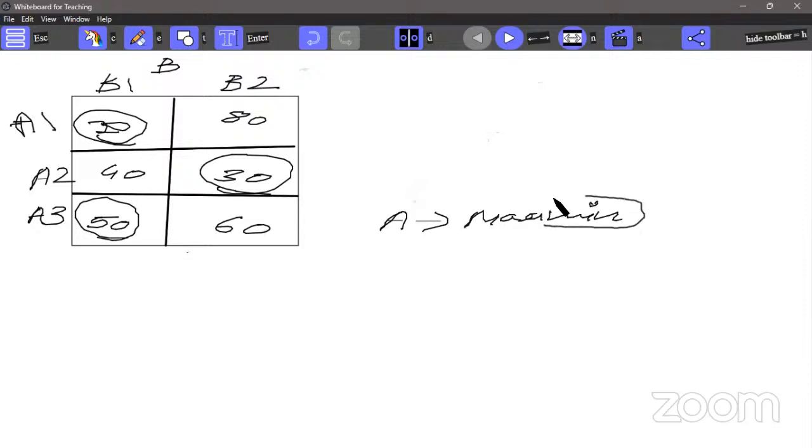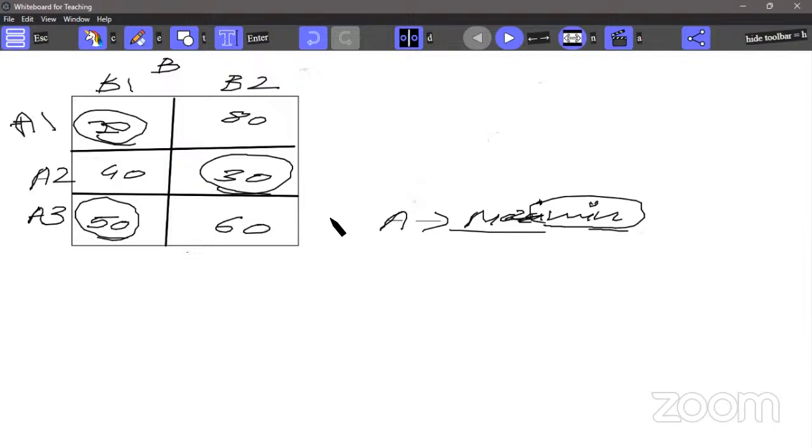First we have underlined all the minimums, 20, 30, 50. Then the maximum out of all those minimums is how much? 50. So A will be following the maximin strategy. Is it clear?